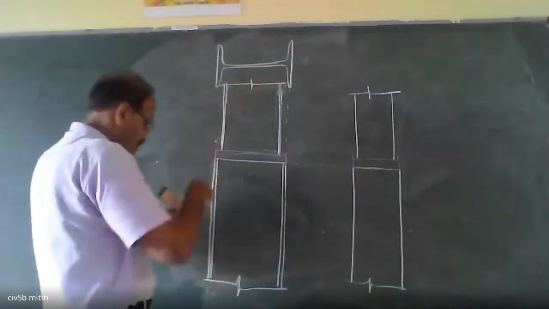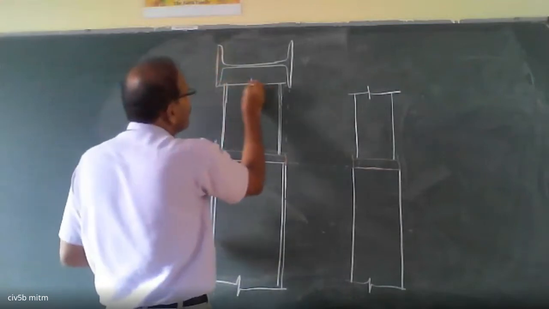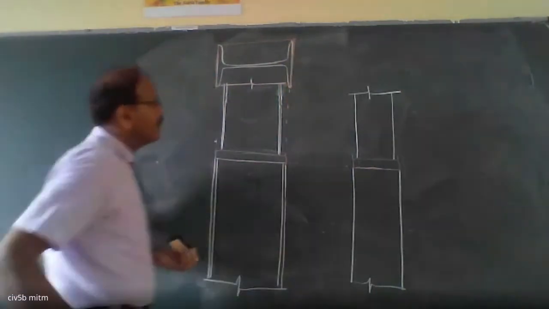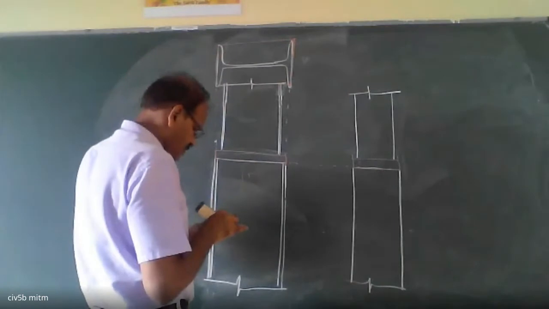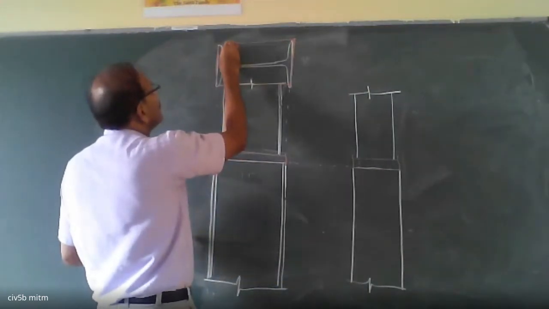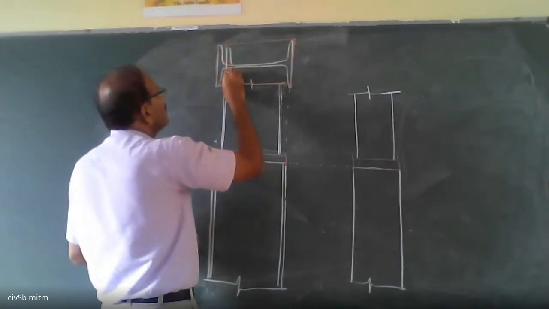So over this, I'm putting a base plate. Okay. Over this base plate, I'm putting this I section. That I section will look like this.